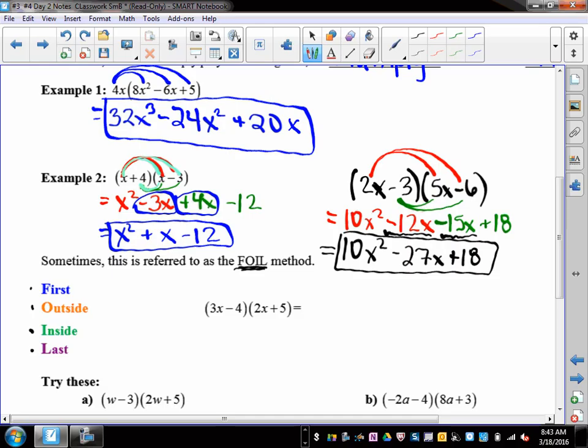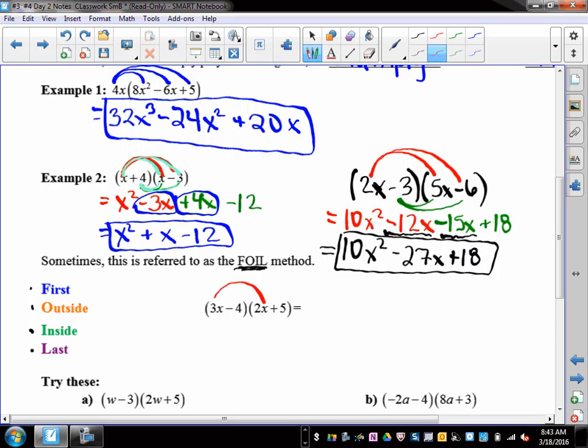And when I distribute it again, those are my last terms. So first, outside, inside, last. It's the exact same thing, it's just a way to help you remember. So this is used all throughout all of your math classes. You'll hear them say FOIL. So let's go ahead and FOIL our first one.